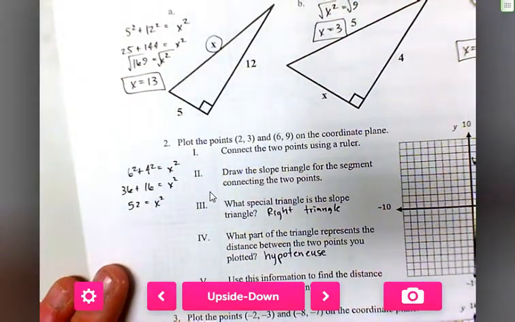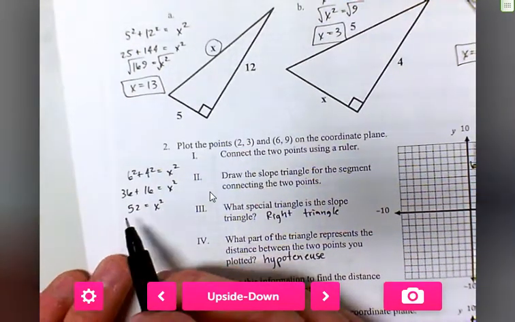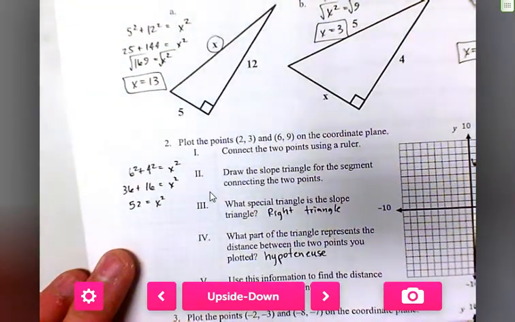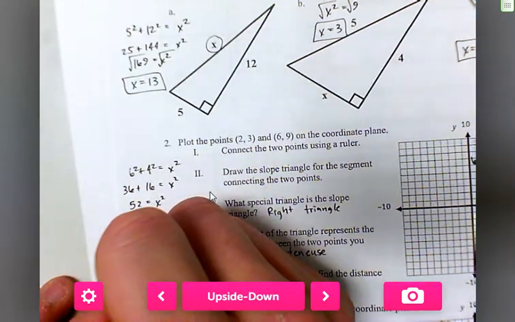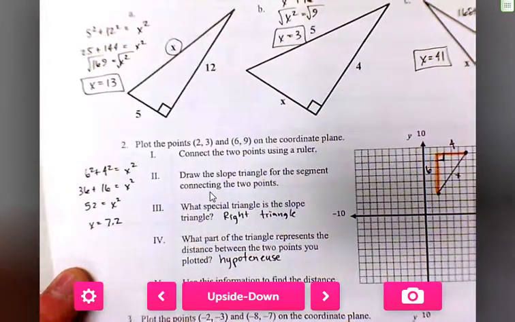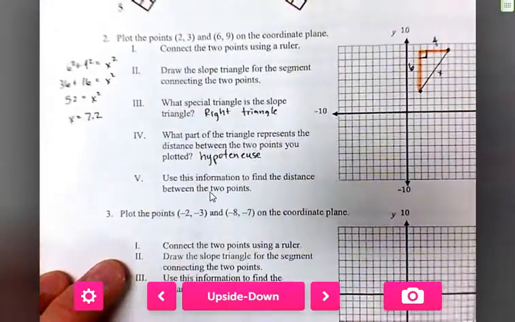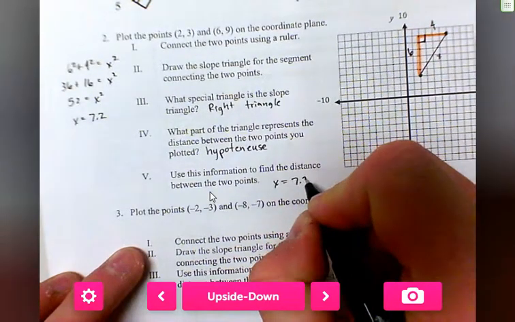And the square root of 52, right, because we got to square root the x, so we got to square root the 52, should get something like x equals 7.2. You guys following there? Okay, so x equals 7.2.